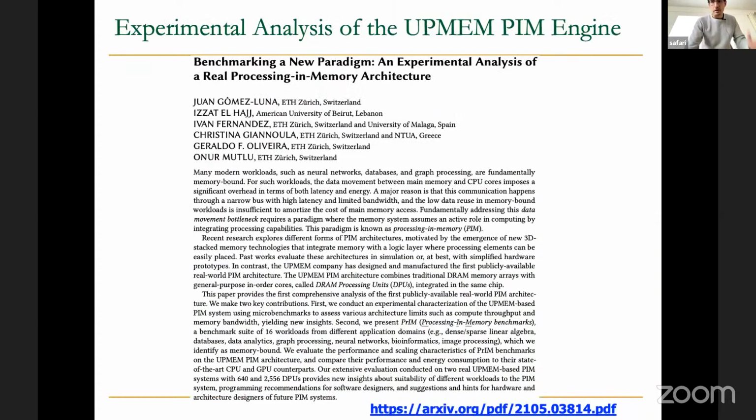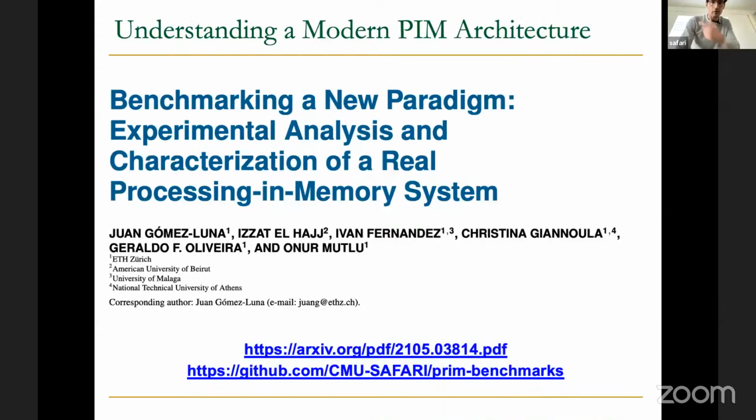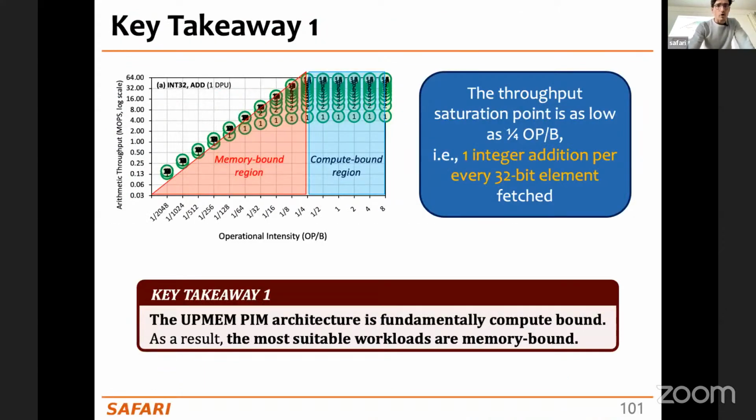So as I said, we have a lot of experience, and we have done a very extensive analysis of this UpMem PIM architecture. This is one paper that we published first on arXiv, later in a journal, with some key takeaways of our work.